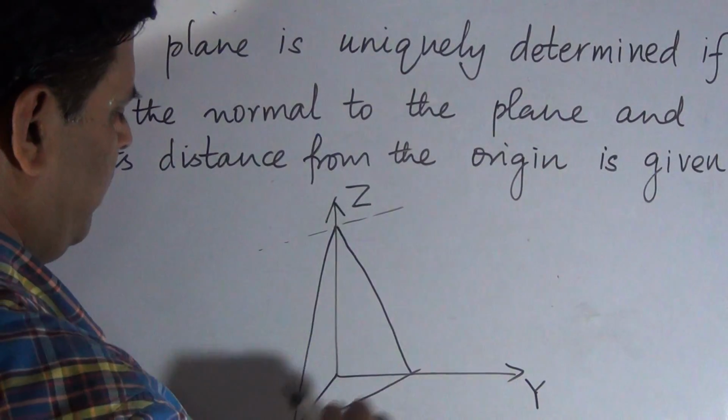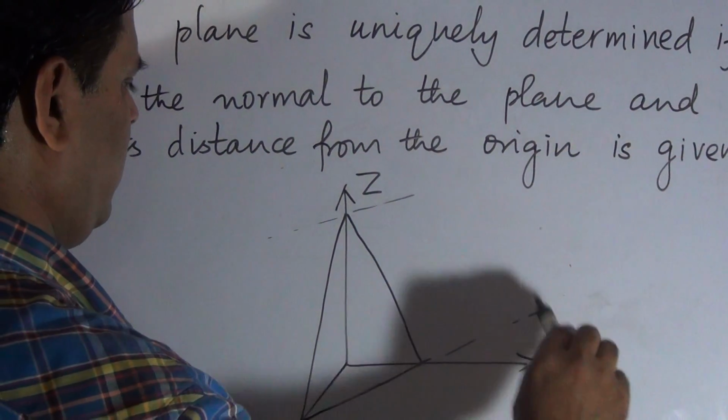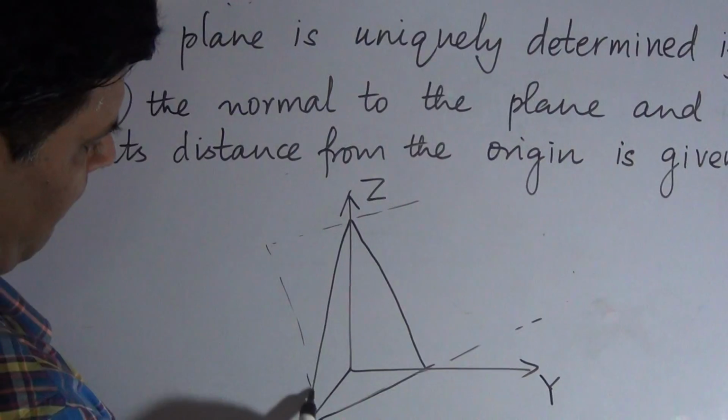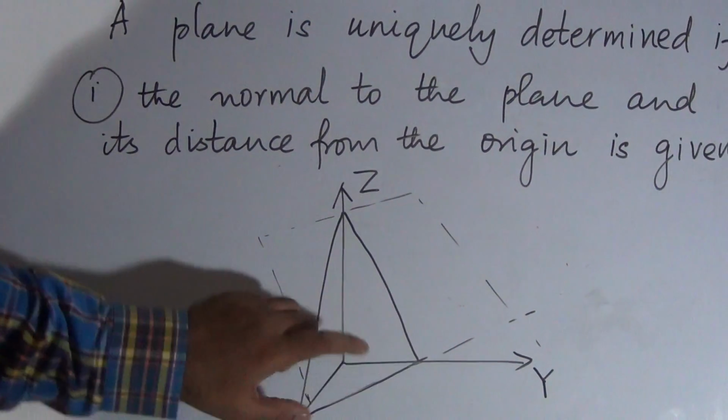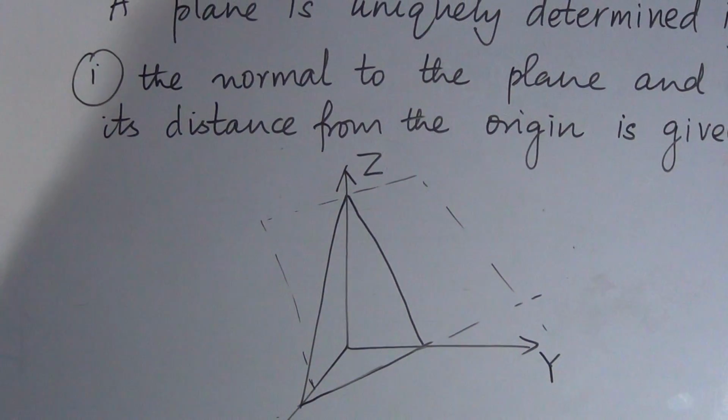So probably the equation of the plane is like this. The plane goes like that. I want to find what is the equation of this plane.